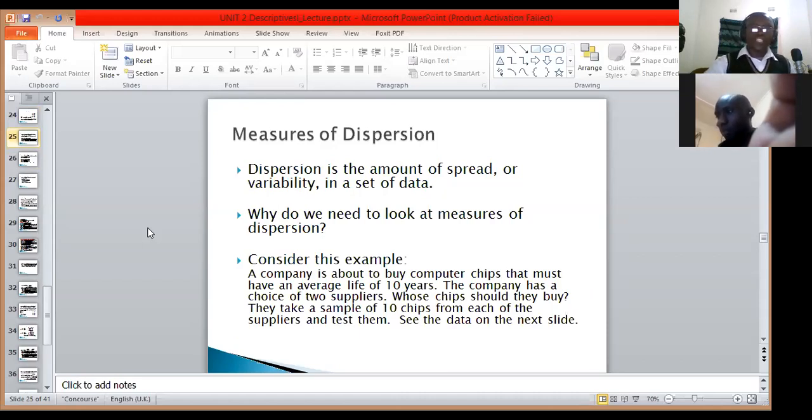Others call it measures of variation. Here we are looking at the amount of spread, how the set of data is spread from the mean. That is what we are interested in.